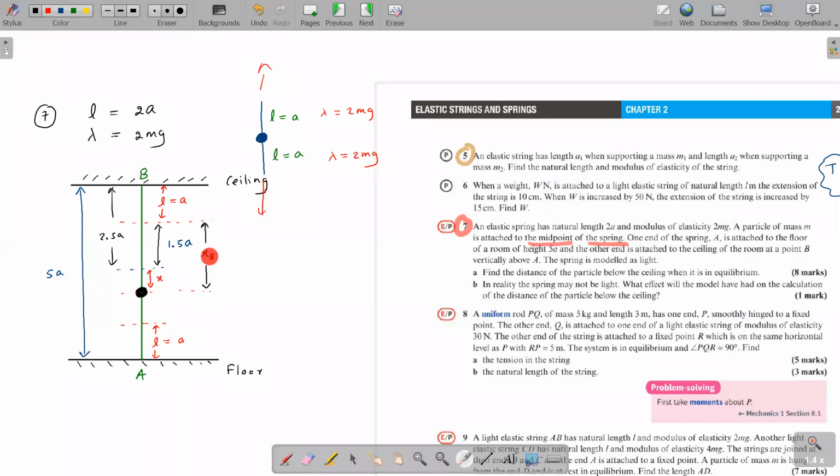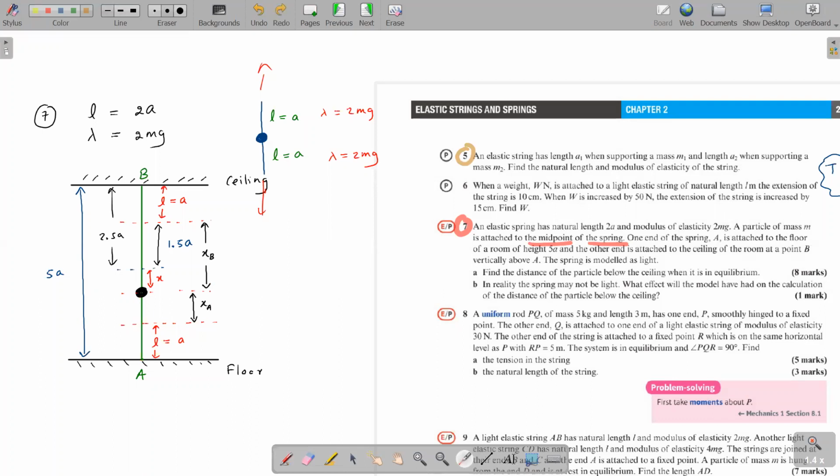Then XA is the extension of spring A. This is the natural length of spring A, and the total length of spring A is this shaded distance. Part of it is made by the natural length, and the remaining part is its extension, which I've named XA.